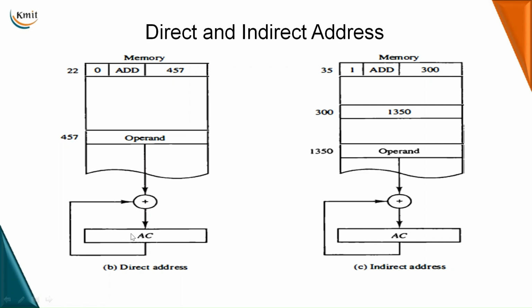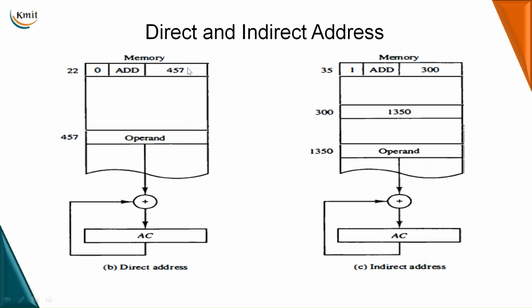One operand has already been stored in the accumulator. The other operand is specified by an address. Since I is equal to 0, if you go directly to that location of the memory, it contains the actual operand. So the contents of the accumulator and the operand stored at 457 are given as input to the ALU to perform an addition operation. This is direct addressing.